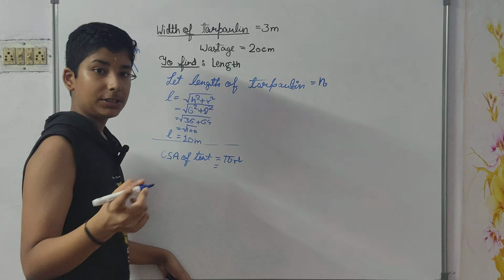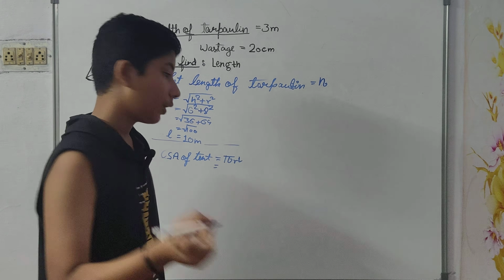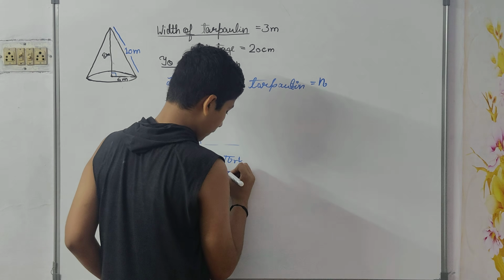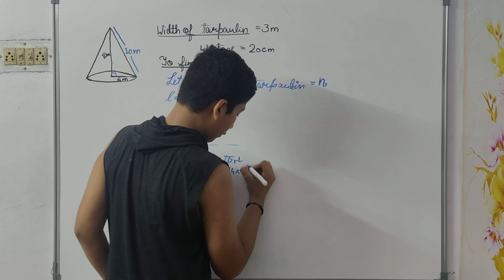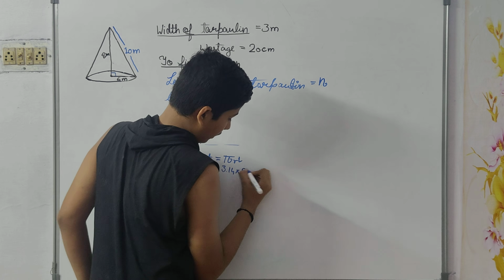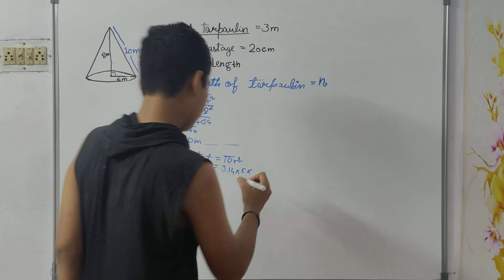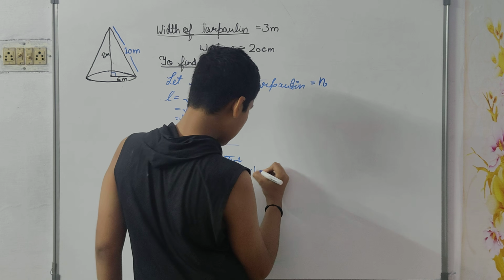It is given in the question that we have to take pi equals 3.14. So 3.14 into radius, which is 6, into l, which is 10.